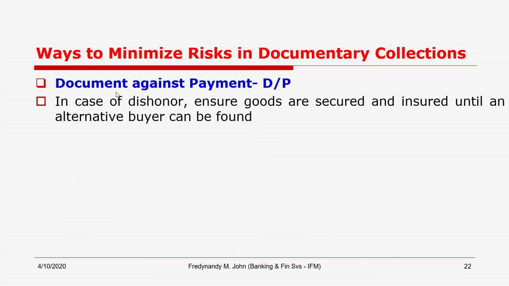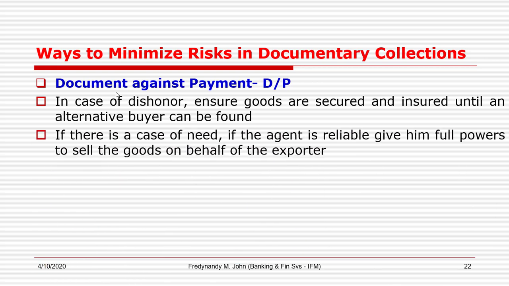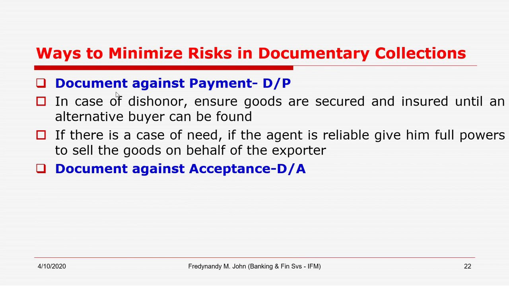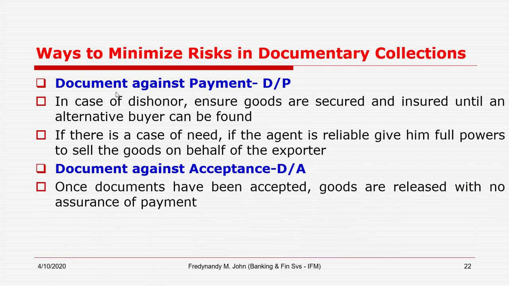If it's for the document against payment, in case of dishonor, ensure goods are secured and insured until an alternative buyer can be found. If there is a case of need, if the agent is reliable, give him full powers to sell the goods on behalf of the exporter. In case of the document against acceptance, once the document has been accepted, goods are released with no assurance of payment.